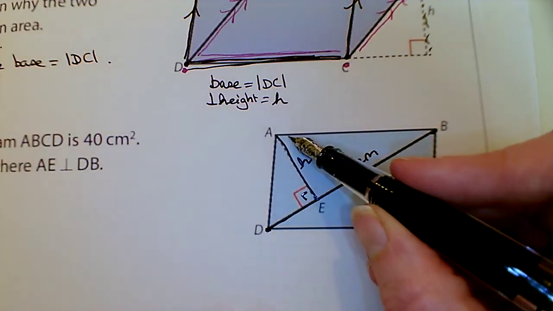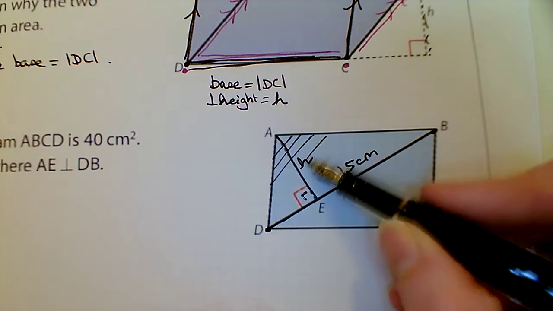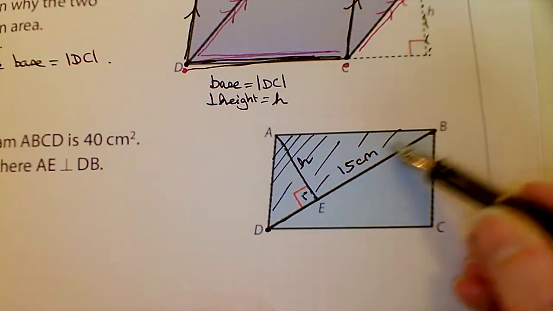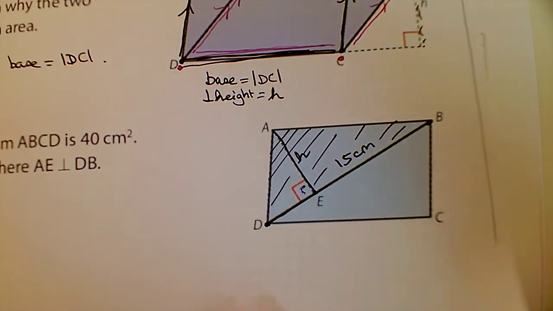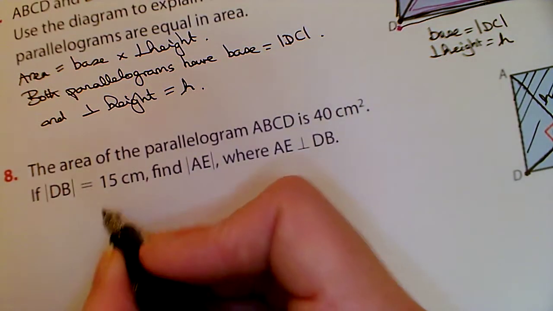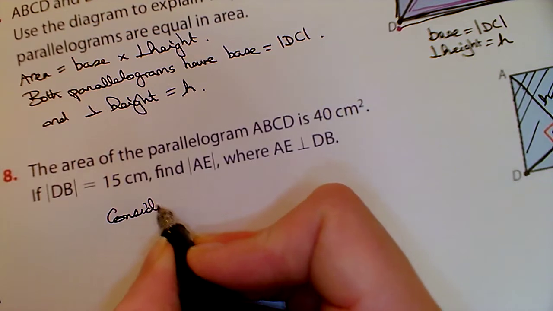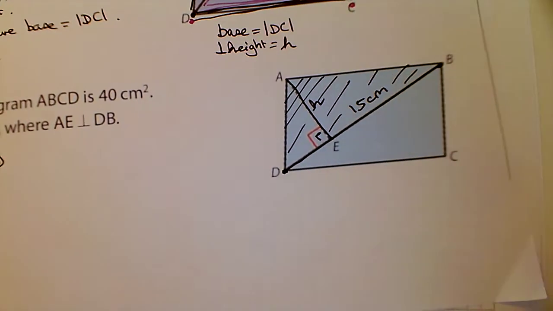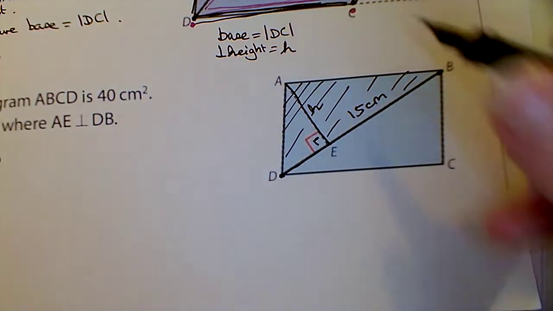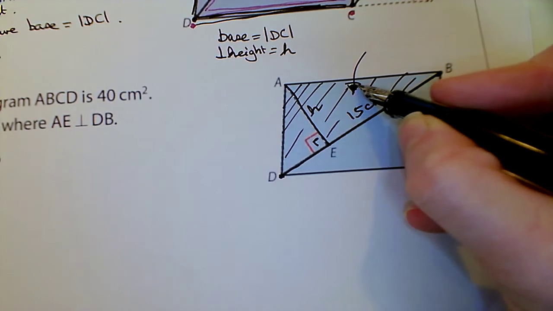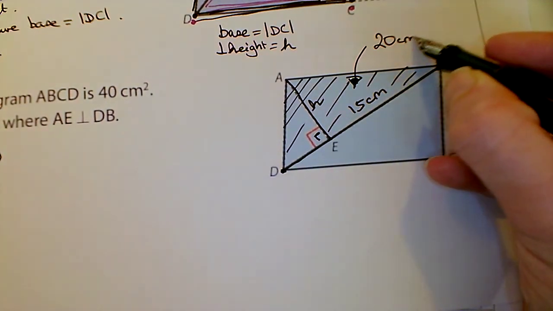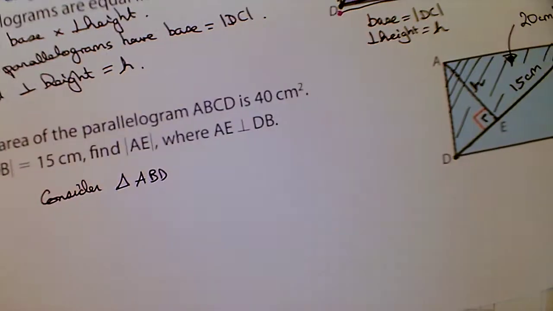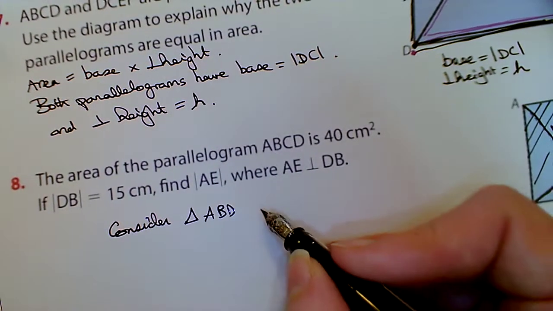Now, I mentioned to you back on Monday that a parallelogram can be divided into two equal triangles. So if I consider the triangle ABD from my diagram, then its area must be half of the area of the parallelogram.